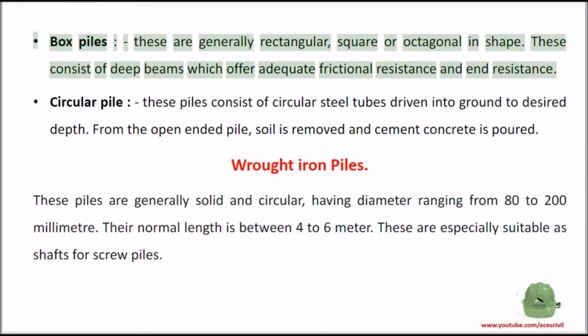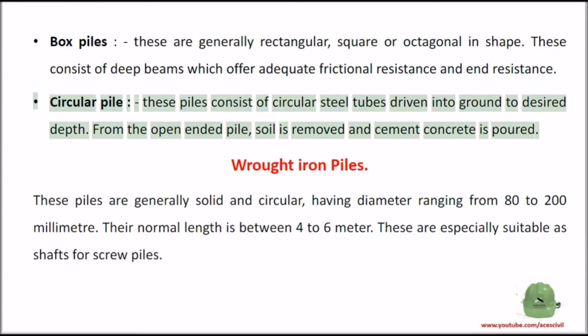Box piles. These are generally rectangular, square, or octagonal in shape. These consist of deep beams which offer adequate frictional resistance and end resistance. Circular pile. These piles consist of circular steel tubes driven into ground to desired depth. From the open-ended pile, soil is removed and cement concrete is poured.